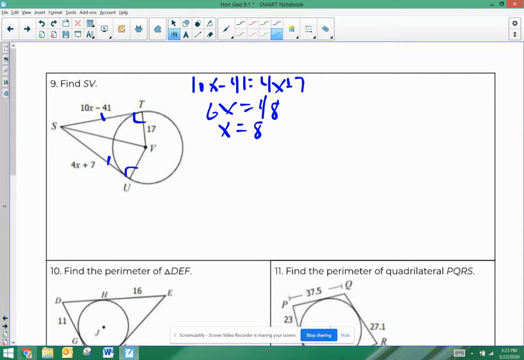Okay, so I want to find SV. That's this segment right there. Well, now I need the Pythagorean theorem. So first I have to find ST. 10 times 8 minus 41. So that's 80 minus 41, so that'll be 39.